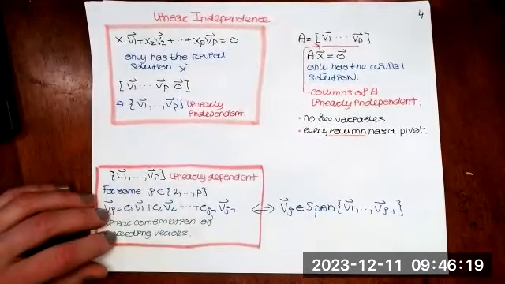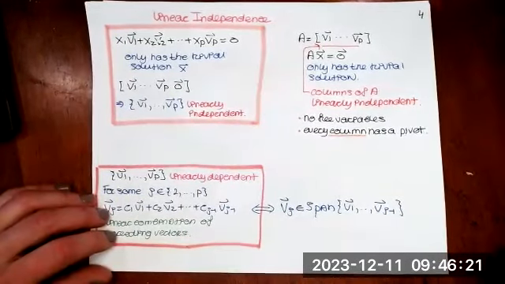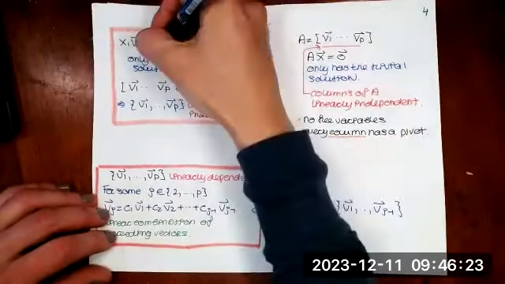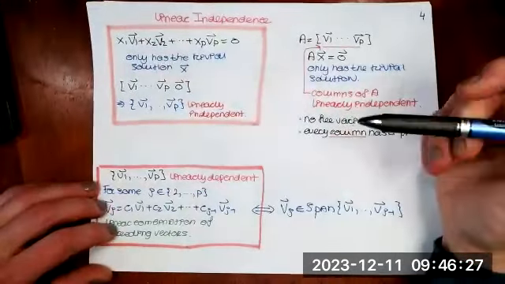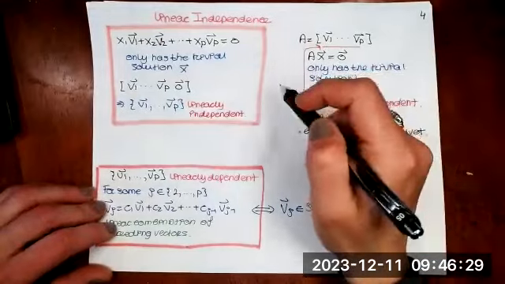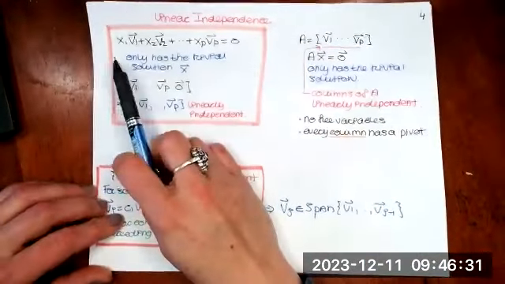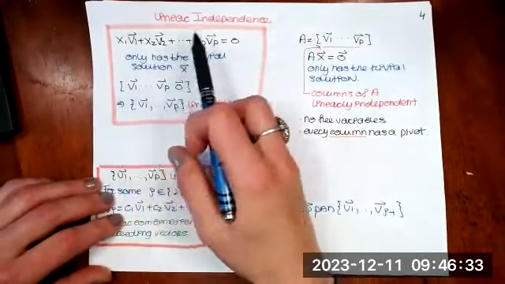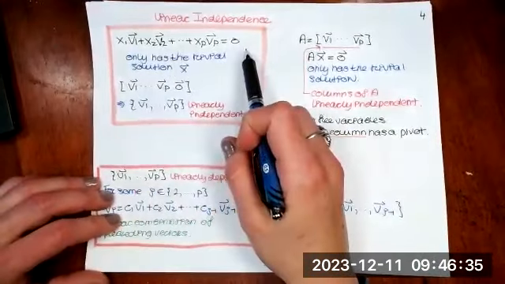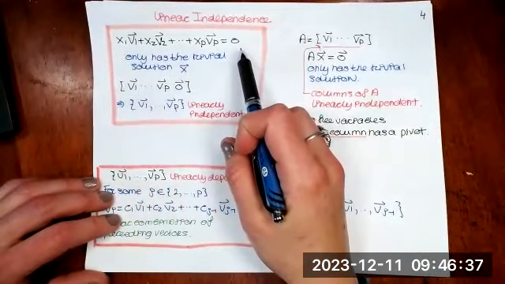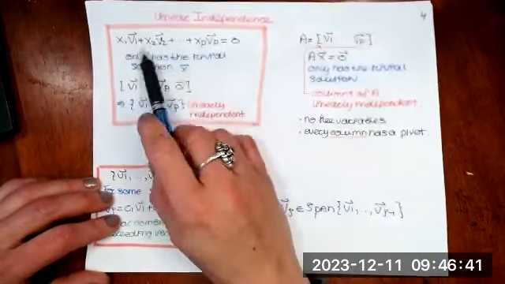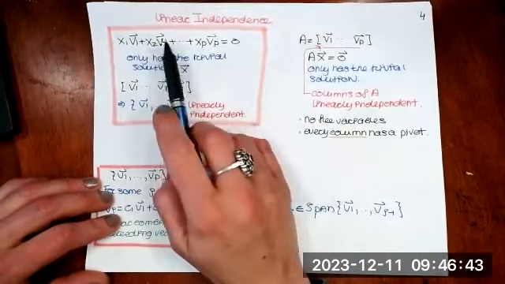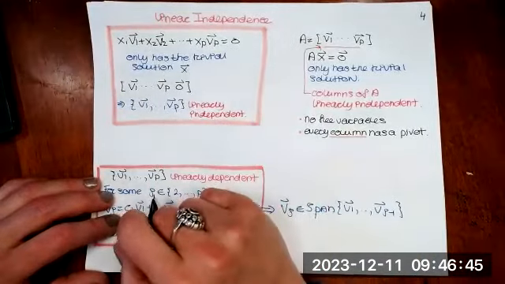Some important parts about linear independence. One, you want to be able to show if the set is linearly independent. By definition, the set is linearly independent if you take a linear combination of all of those vectors, set them equal to 0, and this only has the trivial solution, meaning that the only solution is that all of my weights have to be equal to 0.